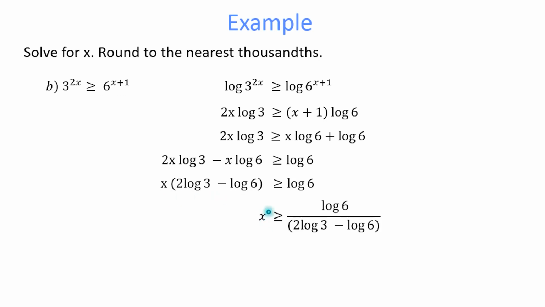Now we isolated x, and even though the right-hand side looks a little bit difficult, it is actually very simple. We can type it into the calculator and we will get a value. We get the value that x is greater than or equal to 4.419.